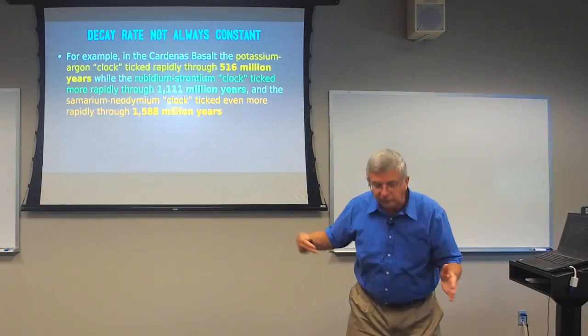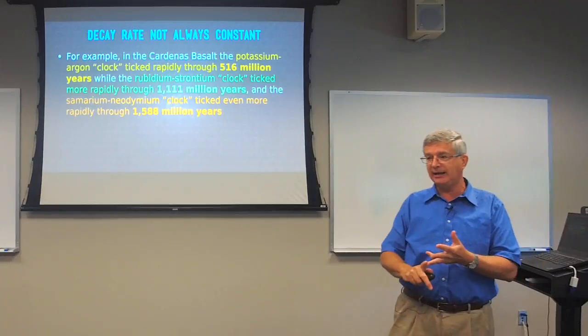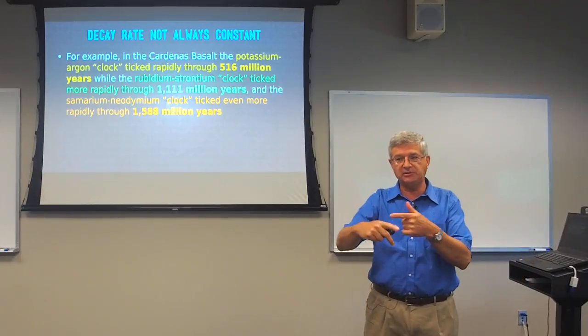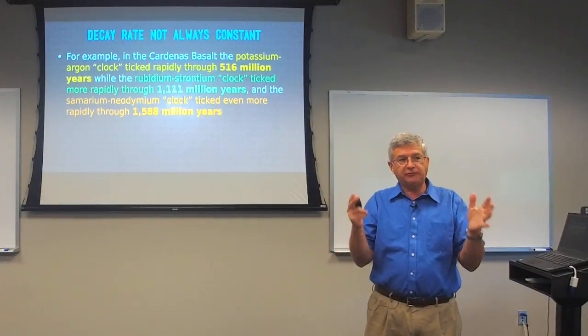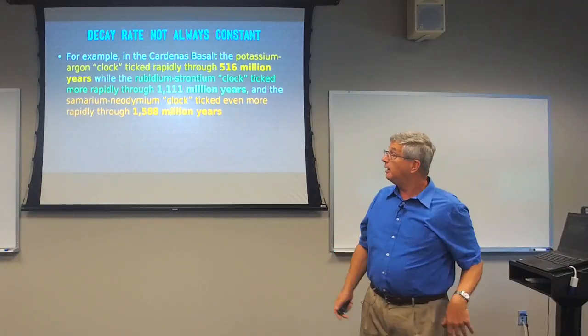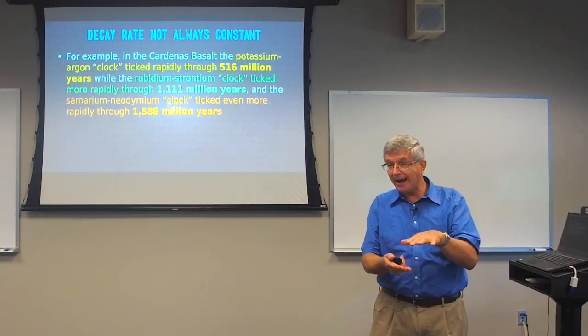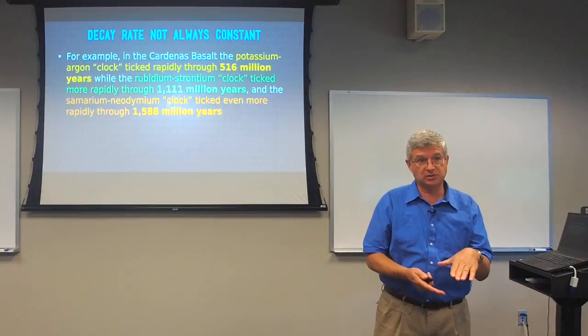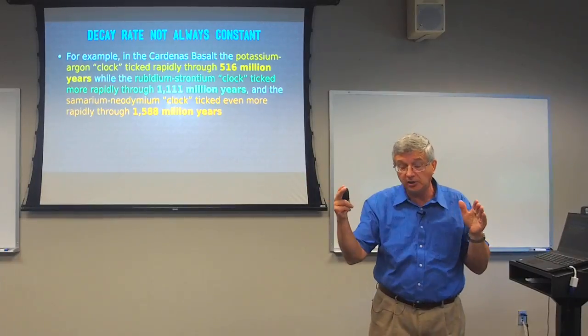Why were they ticking at different faster rates? Because, one, they were alpha decayers and beta decayers, so there has to be some difference between that. And also, they had different atomic weights. Potassium has the smallest atomic weight. It gives you the youngest ages. So we lined it up and you could see there was a pattern according to atomic weight.